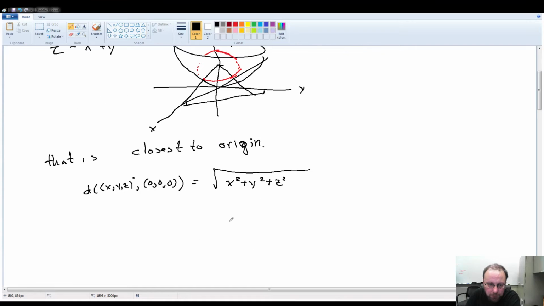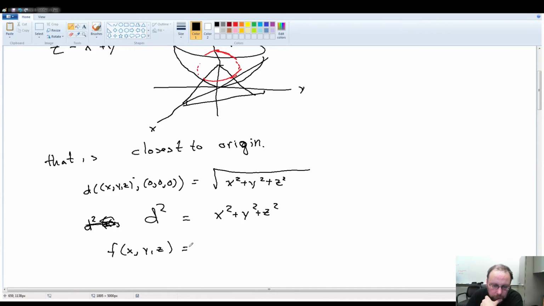But we might have already learned that if you want to optimize distance, you might as well optimize distance squared. It'll just get rid of the square root. Let me call that d squared, for distance squared. So our function that we want to optimize is distance squared, just to make the algebra easier.